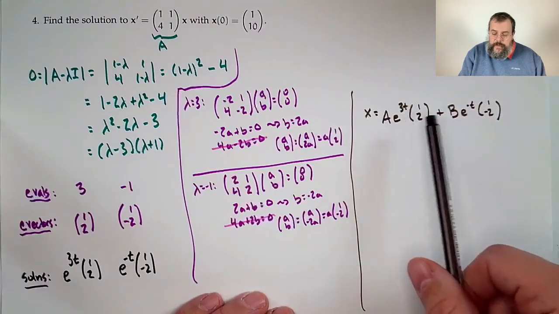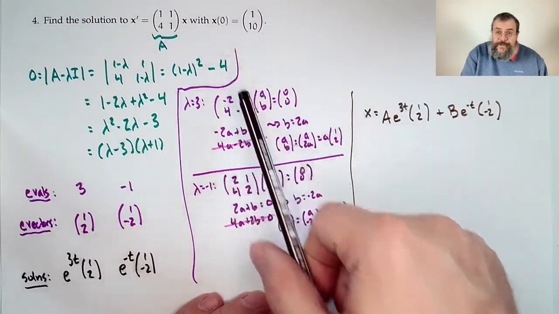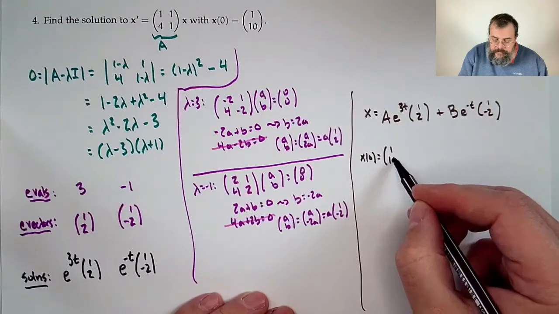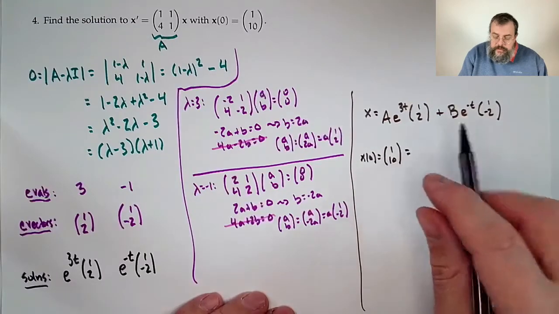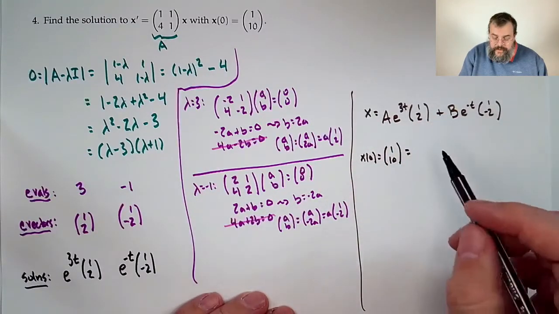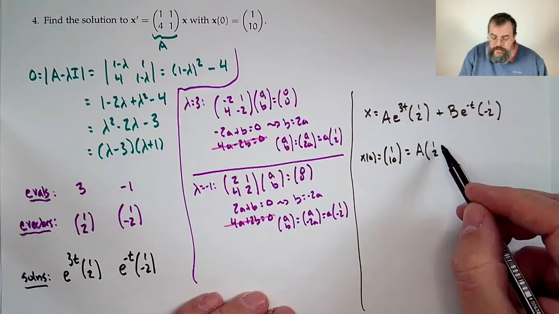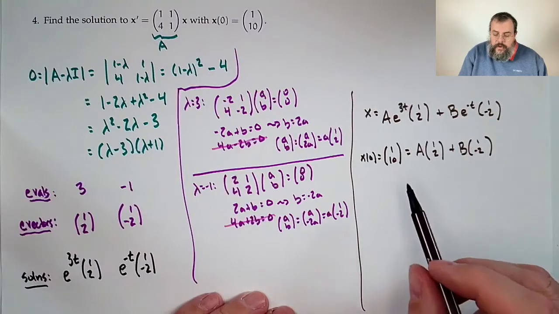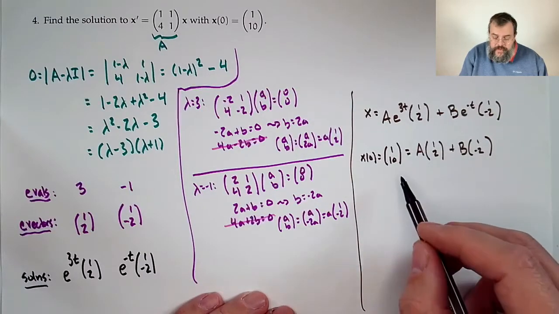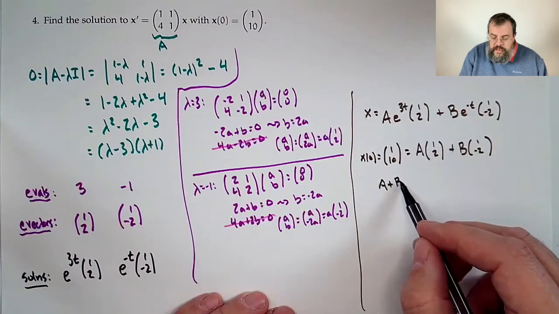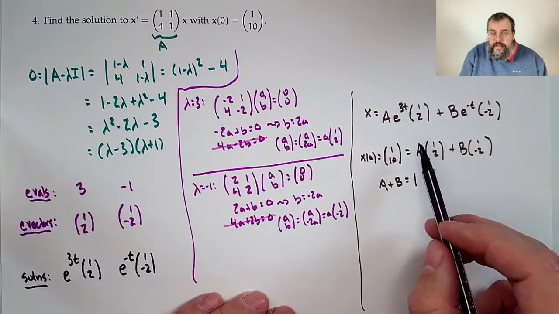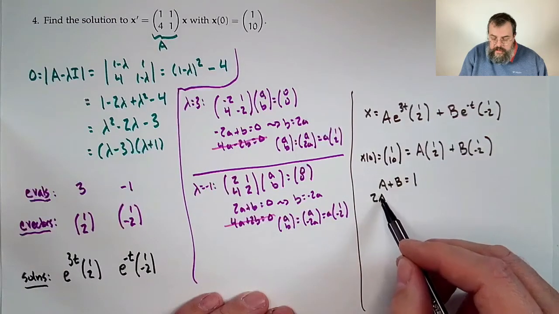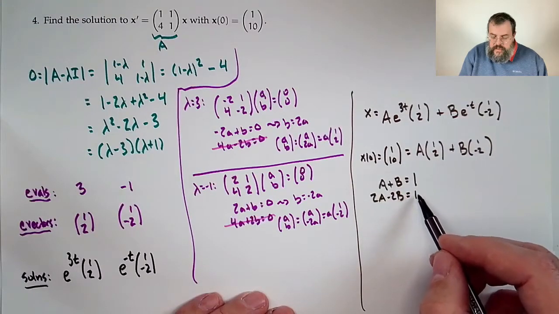And what we have to do is solve for a and b, and that's where our initial conditions come in. So x of 0 is (1, 10). And the nice thing is e to the 0 is always 1. So we get a times (1, 2), plus b times (1, -2). And if you read off the equations here, a plus b equals 1. Right, that's just reading off the first top entry. 2a minus 2b equals 10.